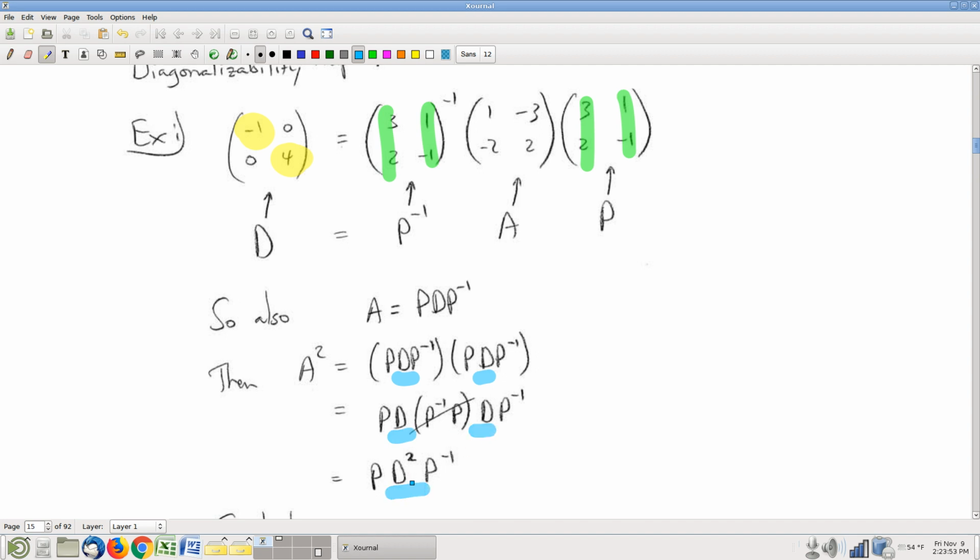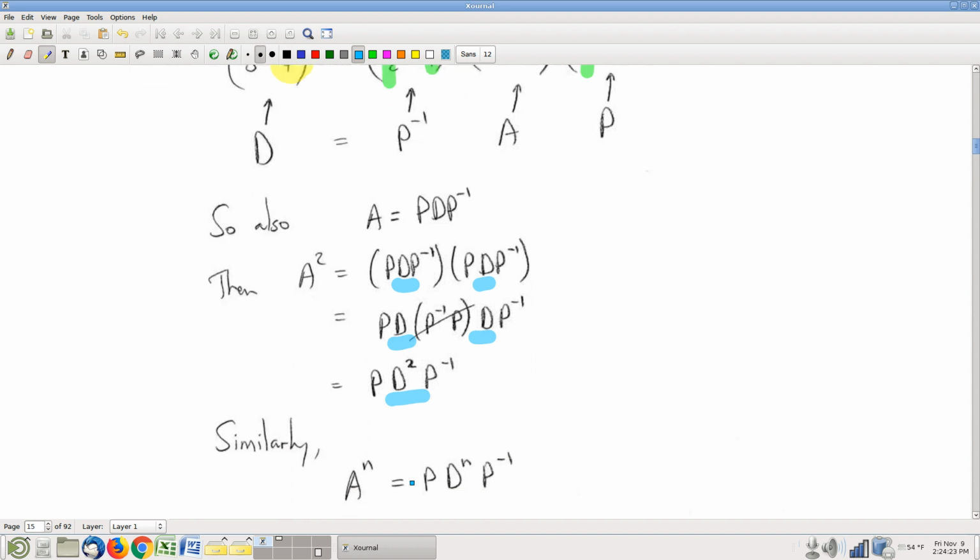So, nice little punchline. If two matrices are conjugate to each other, their powers are correspondingly conjugate to each other. So A squared is conjugate to D squared. And in a very analogous way, A cubed is a conjugate of D cubed. And A to the power of a billion is a conjugate in exactly this way of D to the power of a billion.